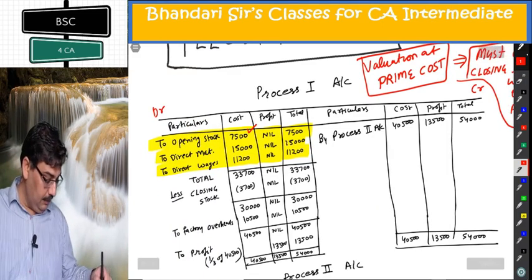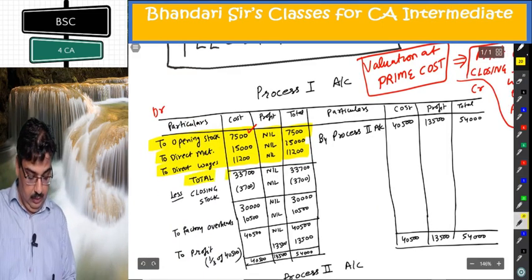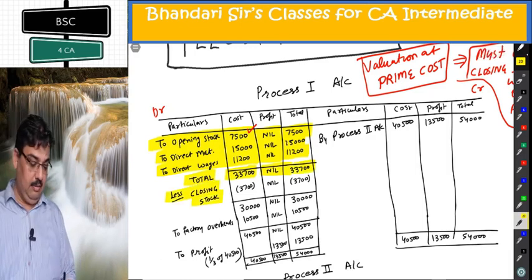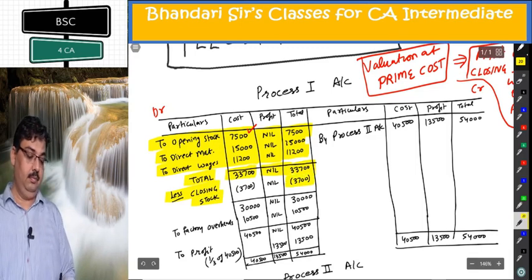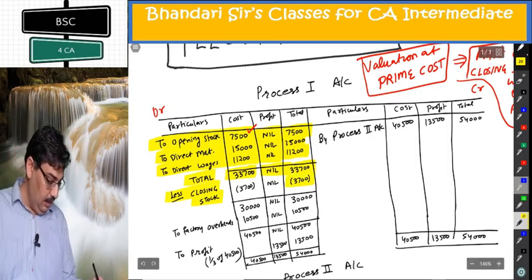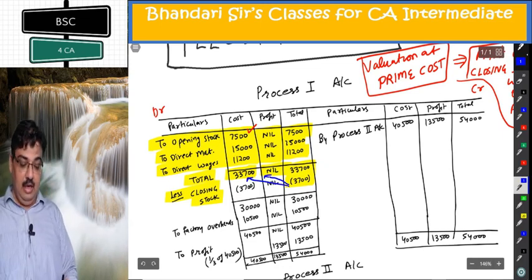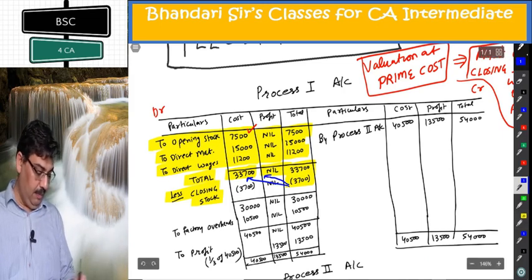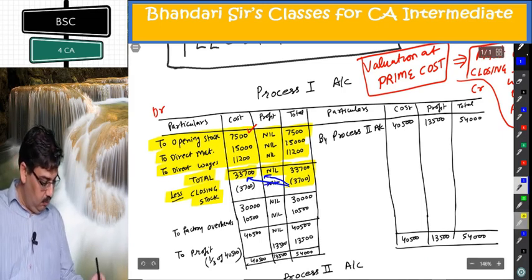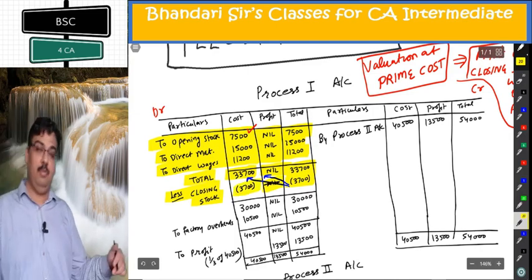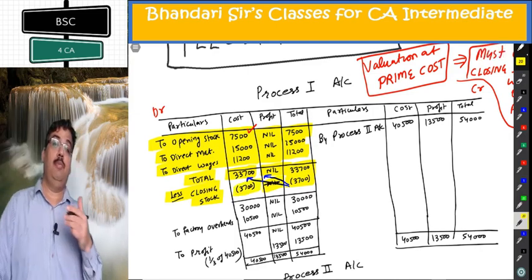So here I get total, and here I get closing stock. Closing stock is given as 3,700. It is this figure. Now this 3,700 is to be put in the ratio of these. As it is nil in profit, it will remain nil in profit here. What I am getting is nil here and 3,700 here. In the second process, you will understand better because there will be some profit element.